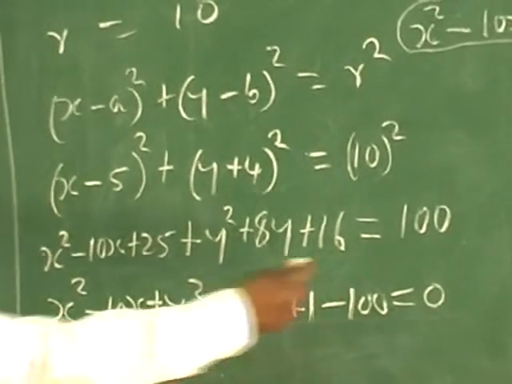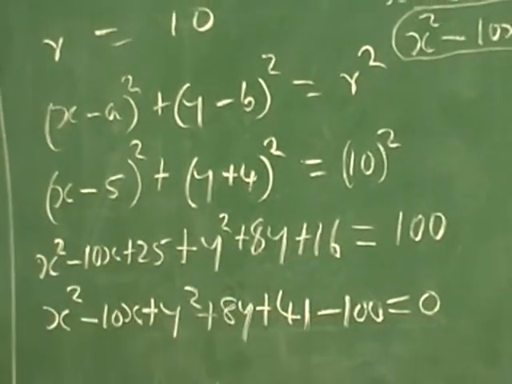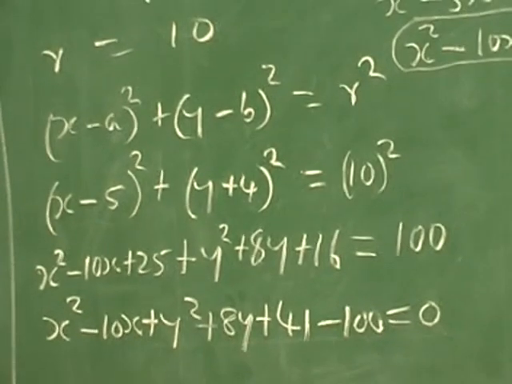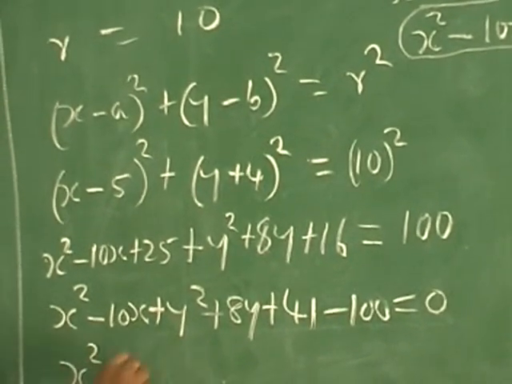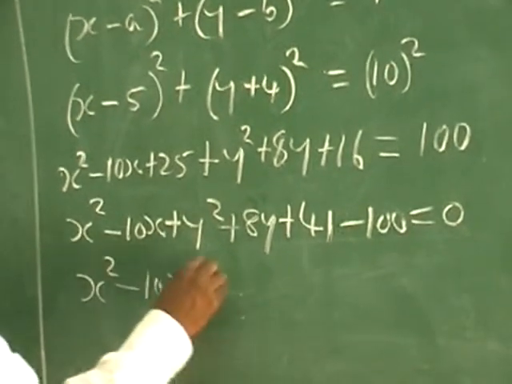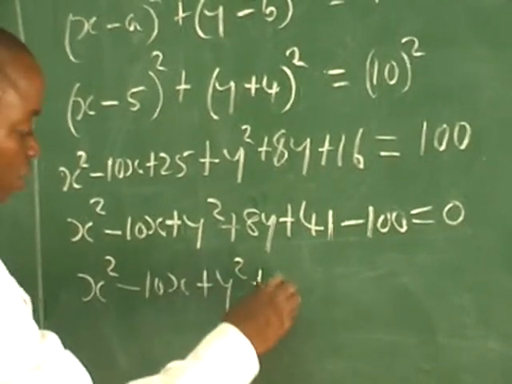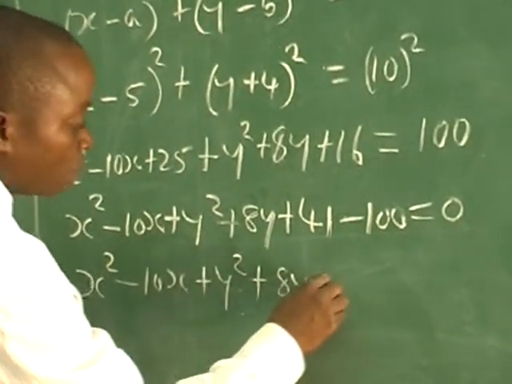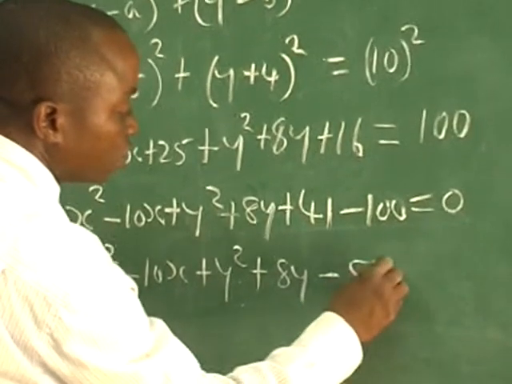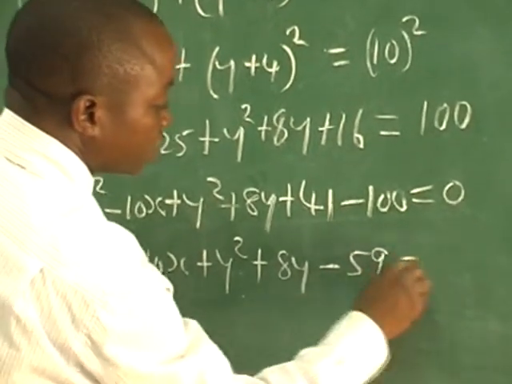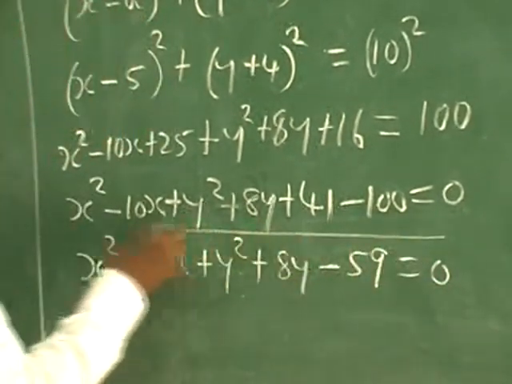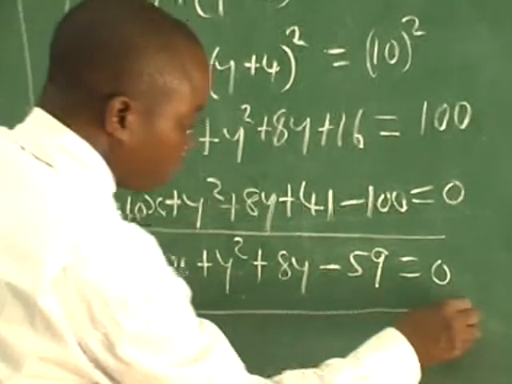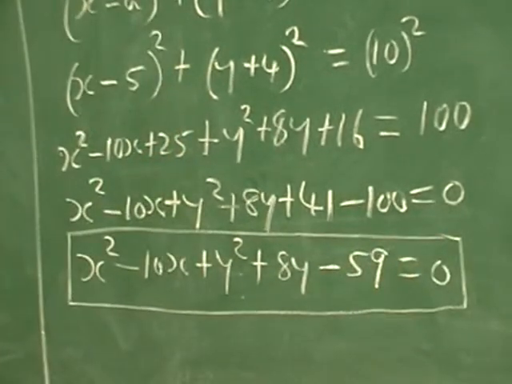You see, I'm transferring this 100 to this side, so it will turn to minus. What it means is that x squared minus 10x plus y squared plus 8y minus 59 is equal to 0. This becomes the equation of the circle that I was asked to find.